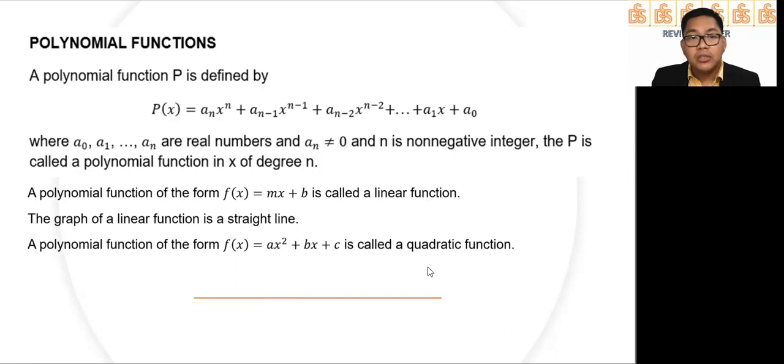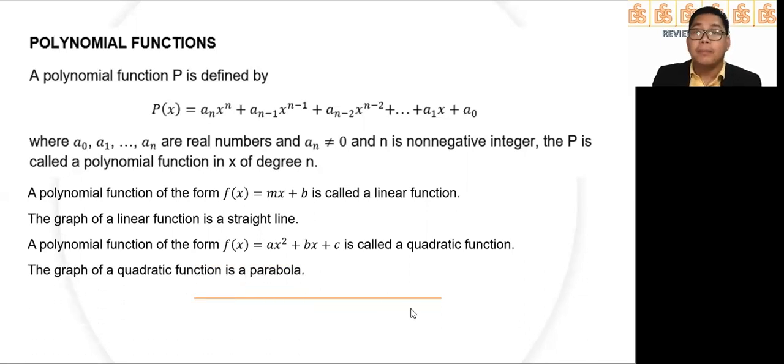A polynomial function of the form f of x equals ax squared plus bx plus c is called a quadratic function, and the graph of a quadratic function is a parabola. If the highest exponent is 3, we call that a cubic function. If it's 4, quartic function, and so on and so forth.